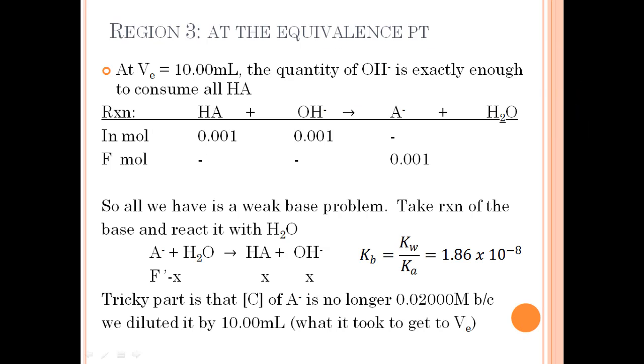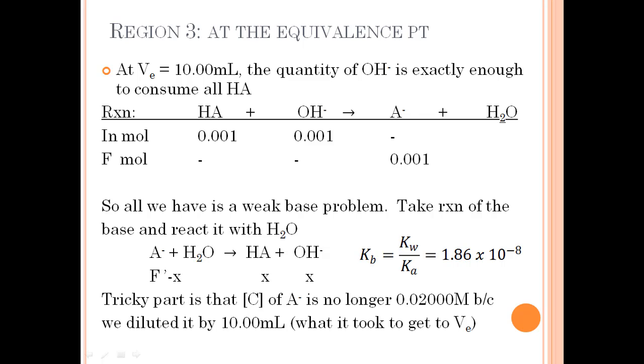That's the equivalence point. At this point, the quantity of strong base is exactly enough to consume all of that weak acid. We know how many moles everybody has at this point because all we have to do is multiply the volume times their molarity. And if you set up your little reaction, it's the same thing. HA plus OH minus goes to the weak base conjugate plus the water.